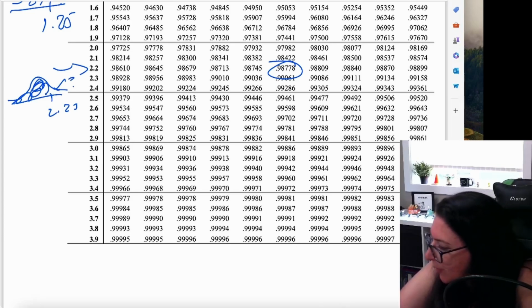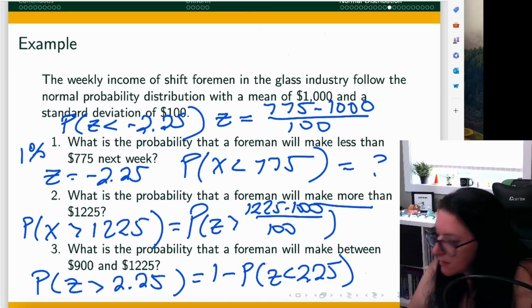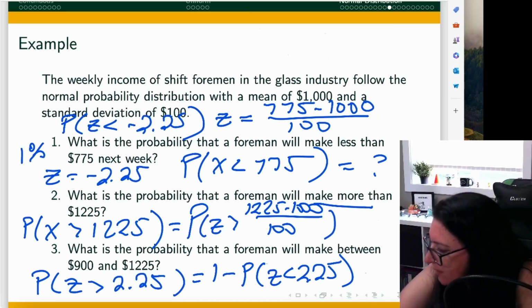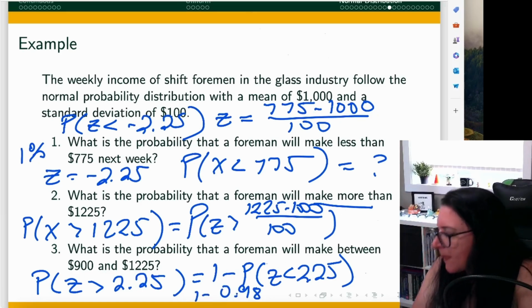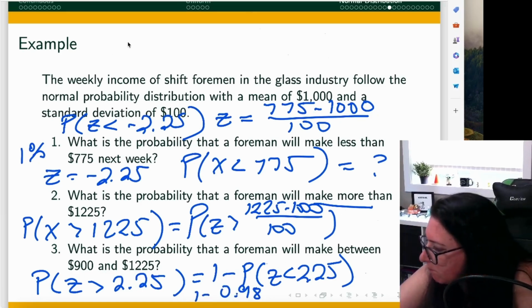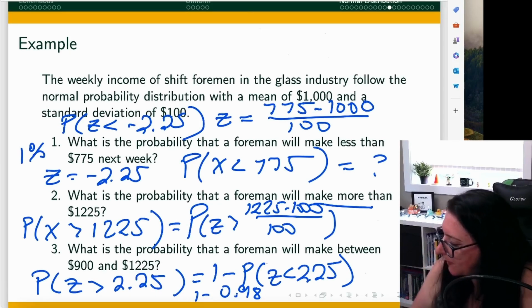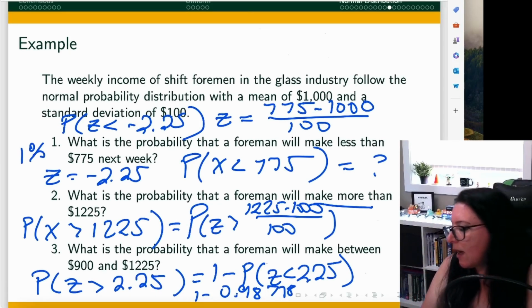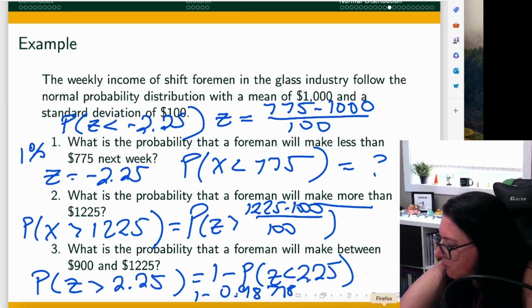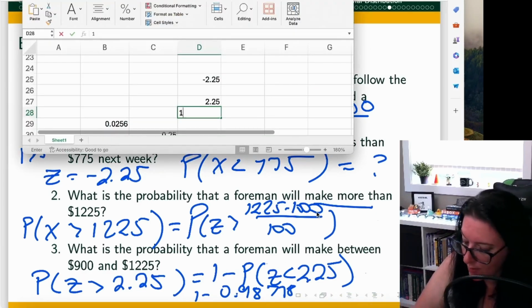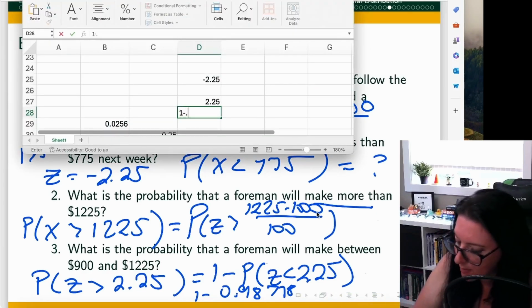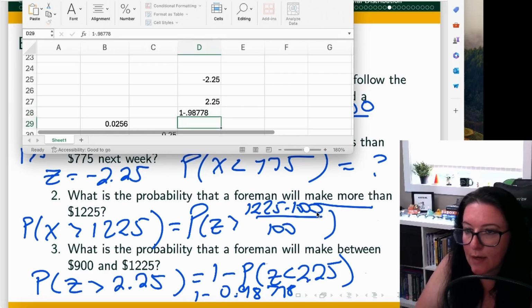So what we would do then is do 1 minus 0.98778.